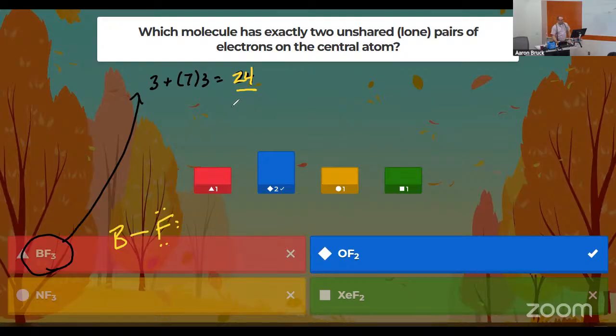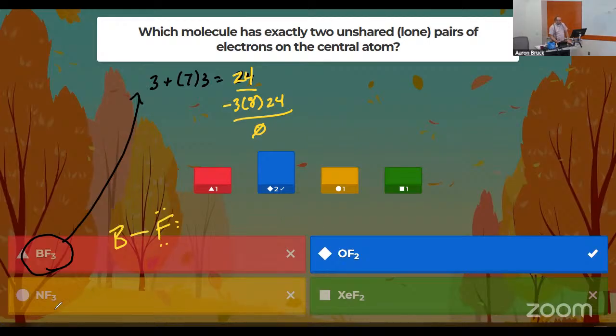Okay, so I have 3 bond sets, 8 electrons each. That's 24. There are no electrons left for lone pairs on the center atom. So I don't need to draw boron trifluoride to know that it doesn't have any unpaired electrons.